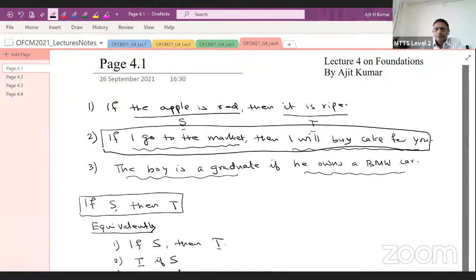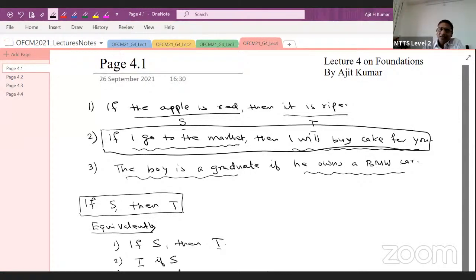Somebody from group 2. Jane. Yes, Jane. I go to the market and do not buy a cake for you. That is correct. If I go to the market and I don't buy cake for you, that means this statement is not correct, right?